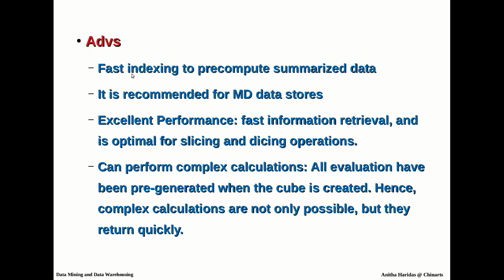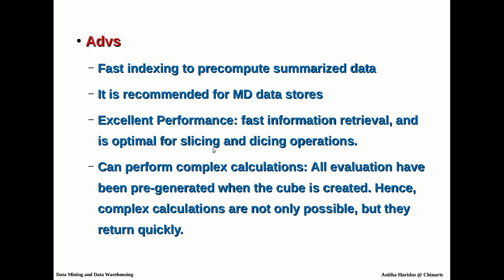So obviously it is going to have fast indexing to pre-compute summarized data, and the MOLAP server is recommended for multi-dimensional data store, and this will give you excellent performance because of fast information retrieval, because you need not get it from the relational backend server. We can directly get it from the multi-dimensional view, and it is optimal because the data is already available in the multi-dimensional view.